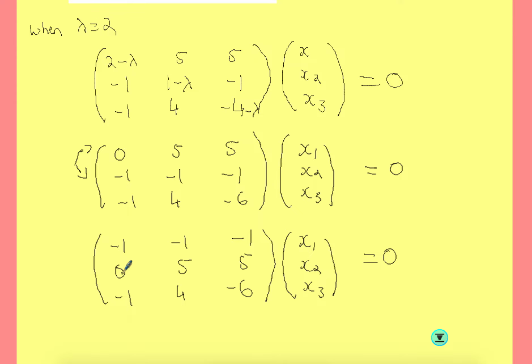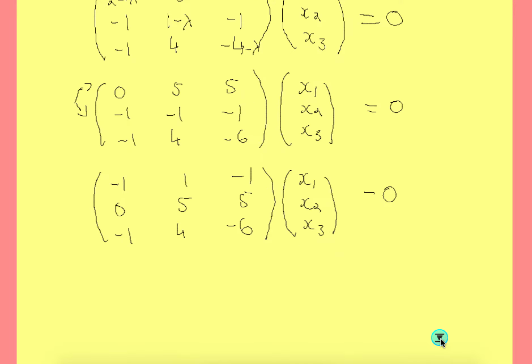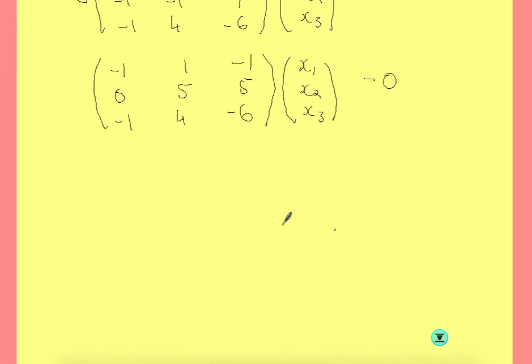Now, there is no way I can use row 1 and row 2 to make that 0. So that's why I've had to do that. Okay. So now I need to make this one 0. So top 2 rows look fine to me.